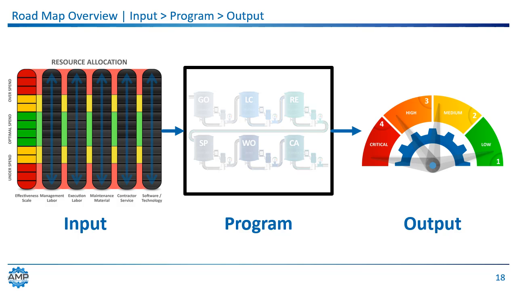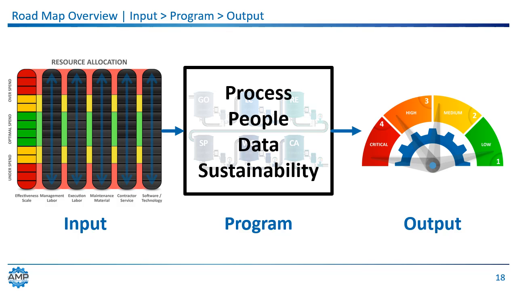If you look on the left, the general inputs into the asset management program are shown on the slide as management labor, execution labor, material, service, and software. These inputs feed into the appropriate management systems where they're addressed by each function within the management system by applying the function implementation mechanisms of process, people, data, and sustainability.